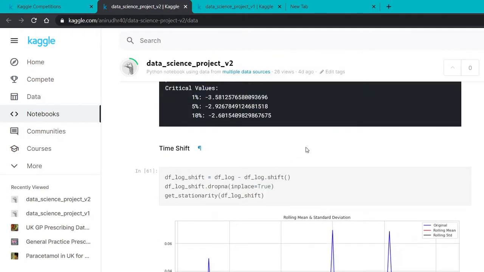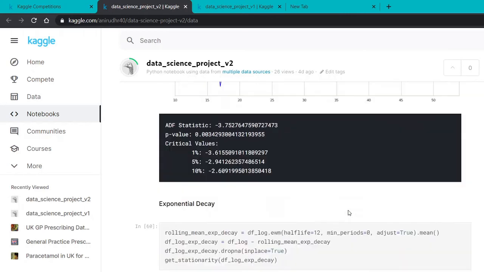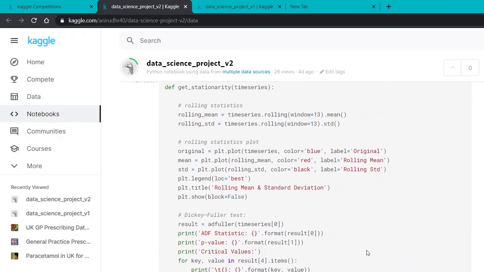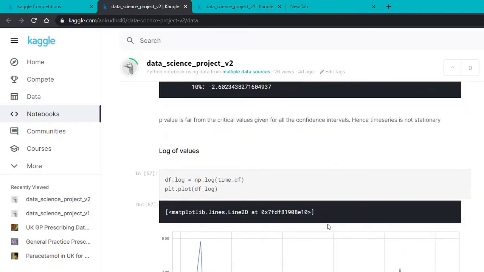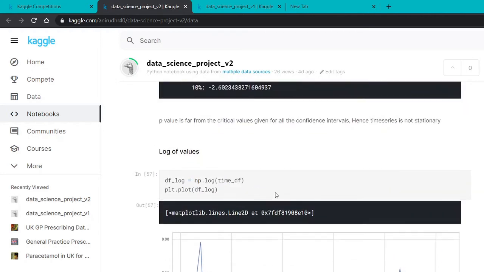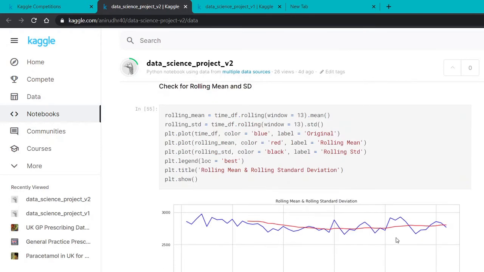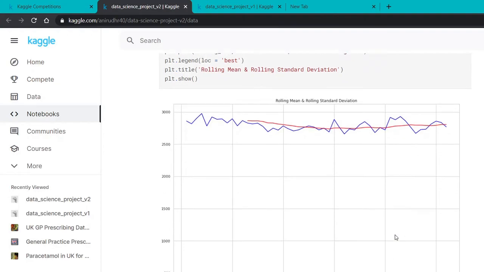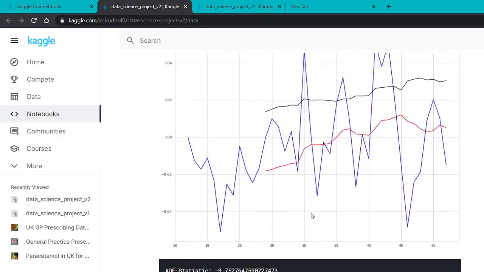So based on these facts, we can conclude that without any further processing, the initial series itself looks better. The initial time series is nearly stationary, and we cannot do any further processing to it.